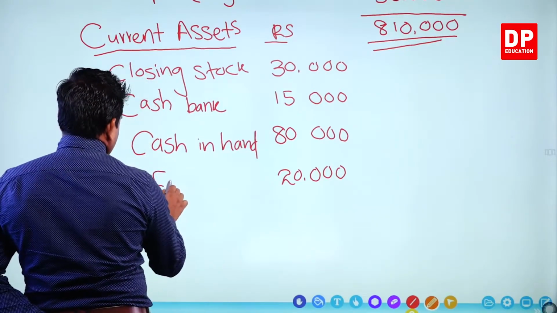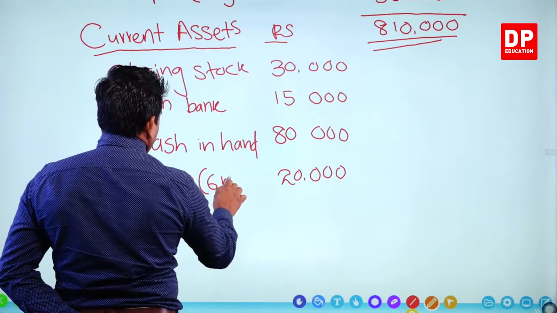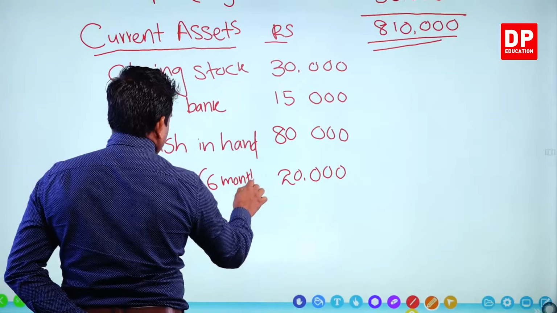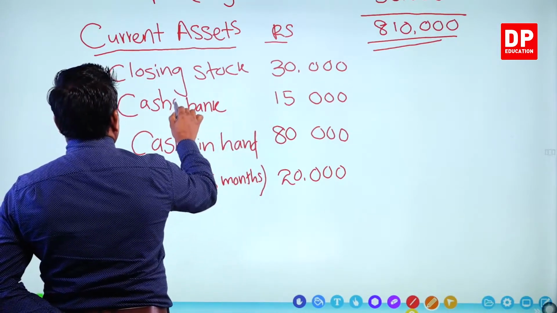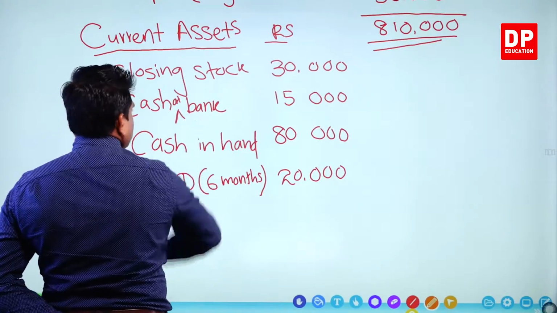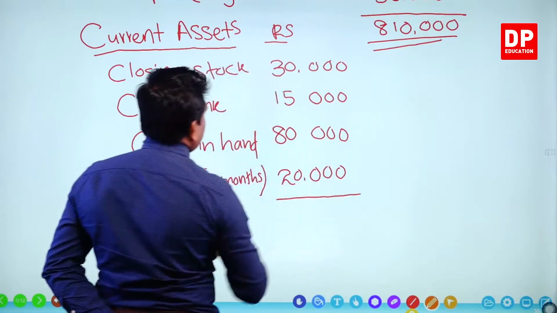Here fixed deposit, FD, but they are short term, right? 6 months one, so short term. Here it should be cash at bank, right? Cash at bank. Now take the total current assets.